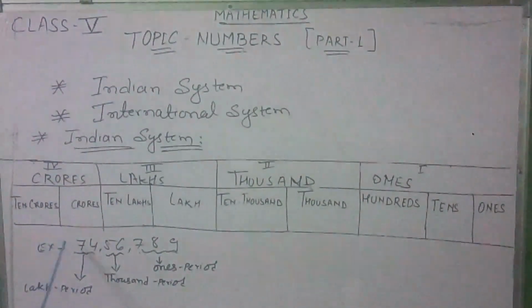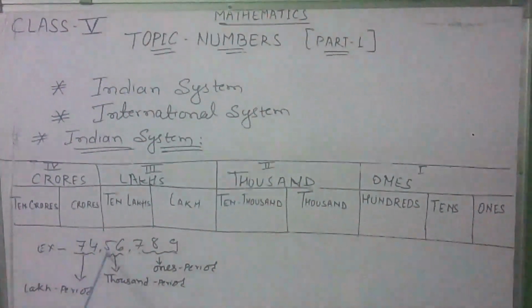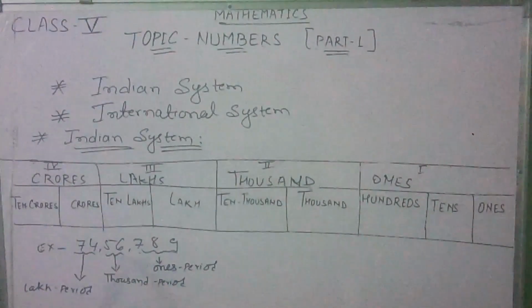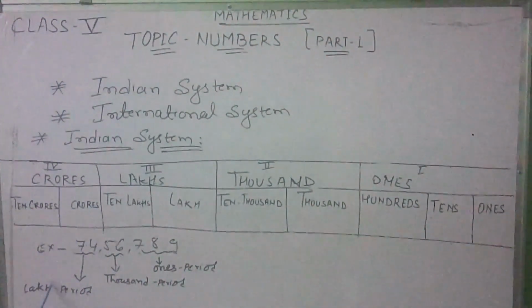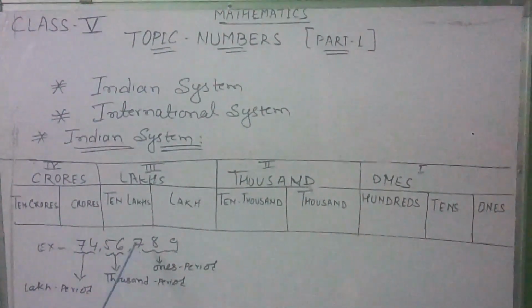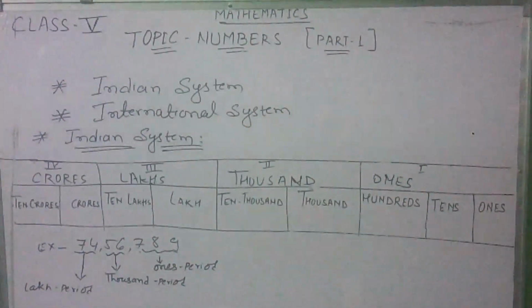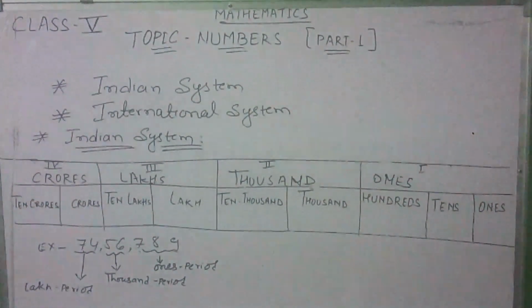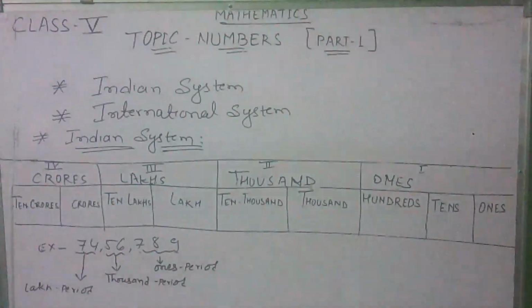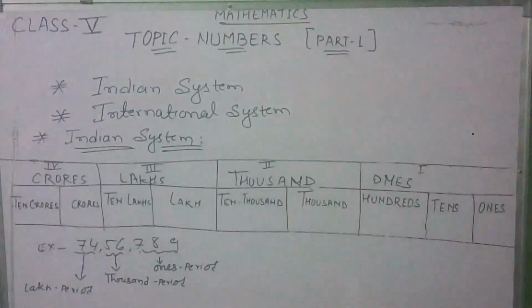Easily you can read the number. This one is the lakh period, the thousand period, and the ones period: 74 lakh 56,789. In the same way we can easily read and write a number of more than 7 digits, 8 digits, like that. A big number we can easily read and write.